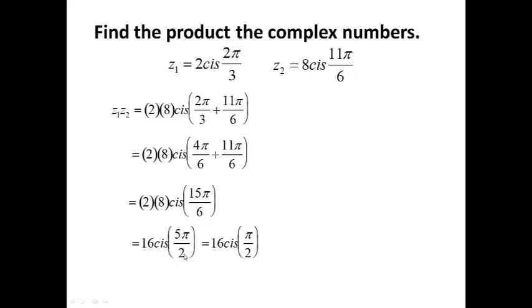And since 5 pi over 2 is more than one full circle, we have to subtract off 2 pi. If you subtract off 2 pi, it's pi over 2. Then if you take the cosine of pi over 2 and the sine of pi over 2: cosine of pi over 2 is 0, sine of pi over 2 is 1. So that's 1i. Distribute the 16. You get 16 times 0 plus 16 times i, which is 16i.